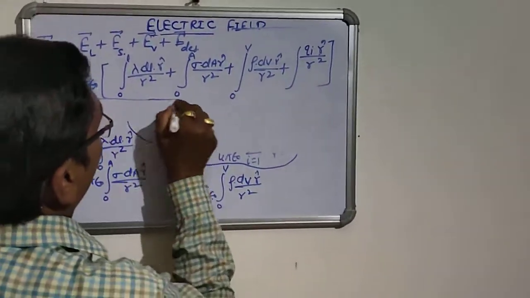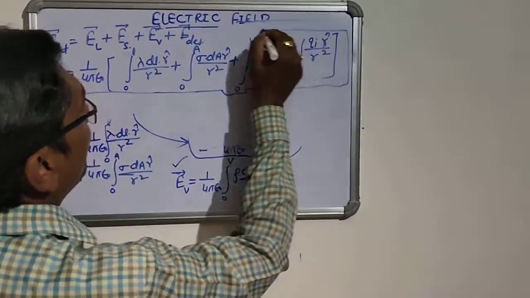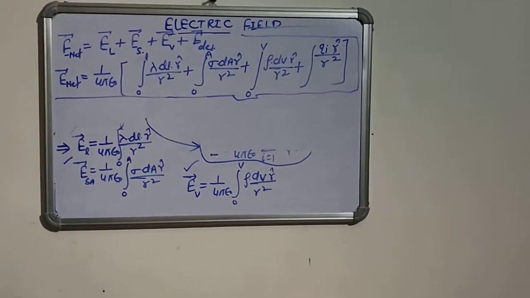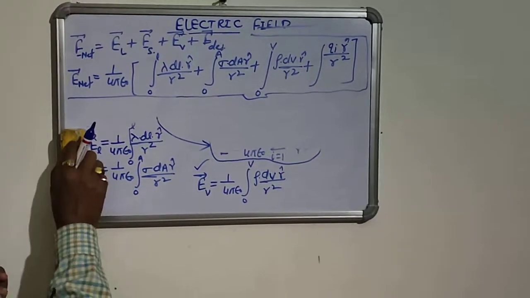This is called the whole distribution of charge, covering uniform and non-uniform distributions of charges.